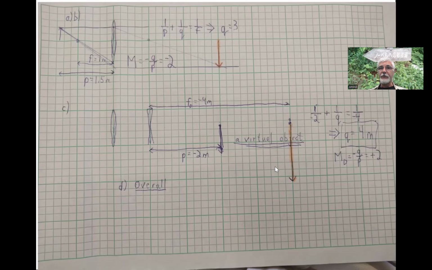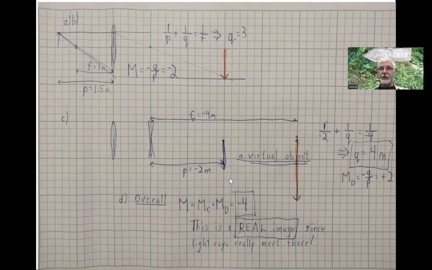I got another factor of 2 from the diverging lens. So my overall magnification is -4. Light rays really are crossing there, so this is a real image. This is the solution to the whole problem as asked.